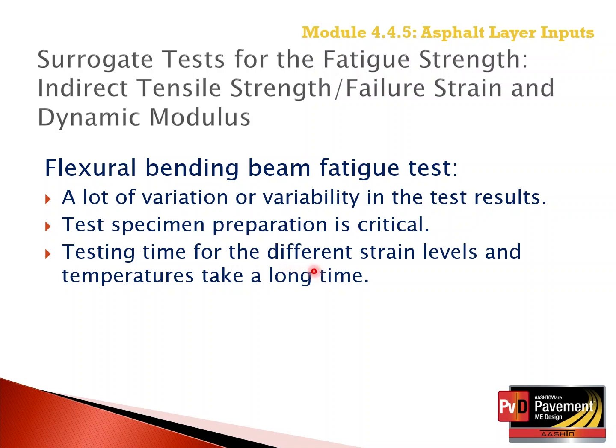As such, the indirect tensile strength failure strain and dynamic modulus test have been used to estimate the coefficients of the bottom-up fatigue cracking transfer function, which will be discussed and explained in the following slides.